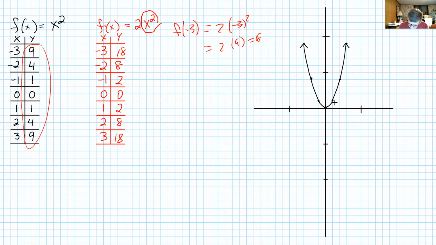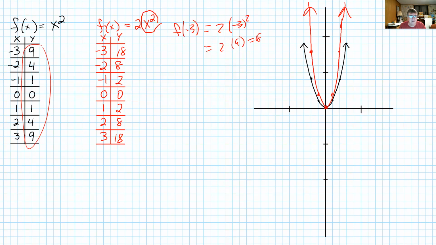I didn't give myself enough room on this graph, but -2, 8 would be right there. -1, 2, 0, 0, 1, 2, 2, 8. So by putting a 2 in front, it doubles the output values. It kind of stretches it vertically.